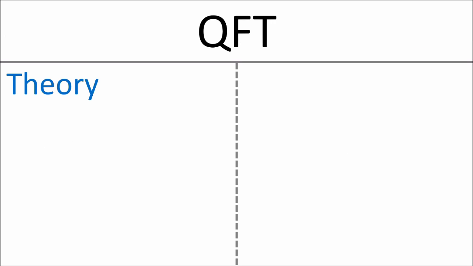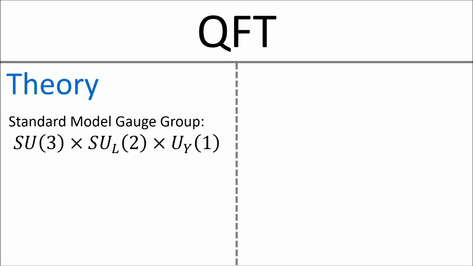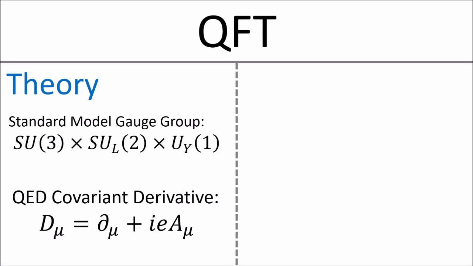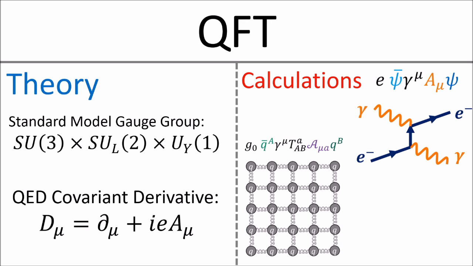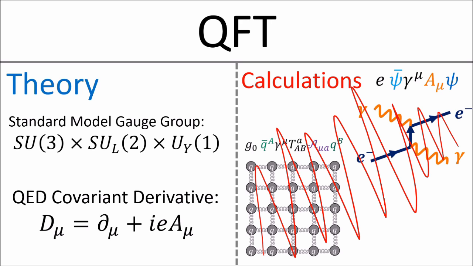Quantum field theory is a bit of a strange subject because it's possible to know a lot about the theory and symmetries of quantum fields, but have no idea how to solve them. Whereas it's possible to know how to solve quantum field systems while not knowing a large portion of the theory. In this video series, I will not be teaching any of these methods for how to solve quantum field equations.